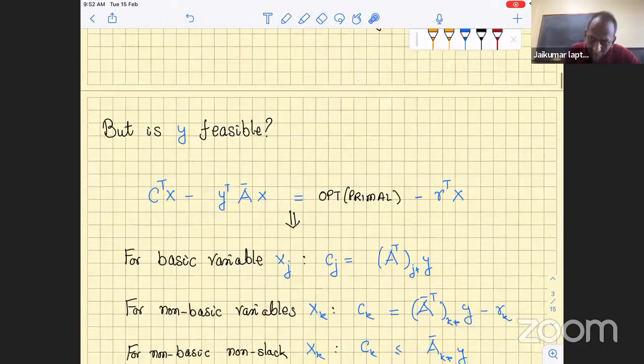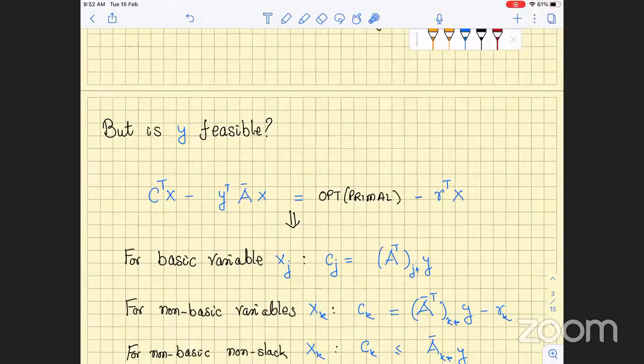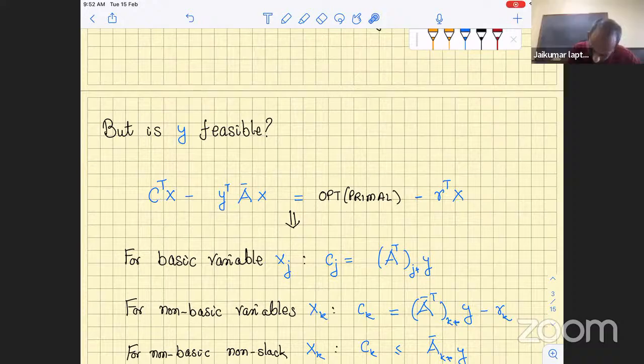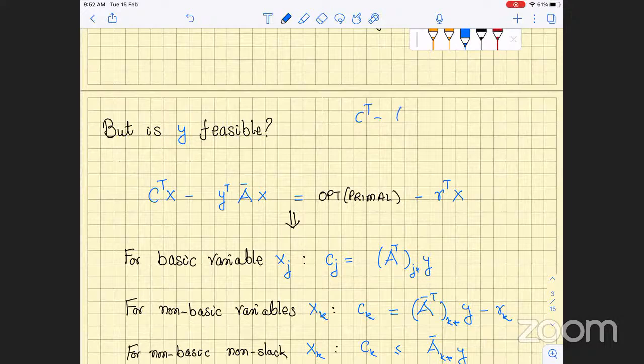Sorry, what did you just say? C transpose X minus Y transpose B, and after that it will be C transpose X minus Y transpose A bar X. That's like feasibility, if we are checking whether they are equal or not.